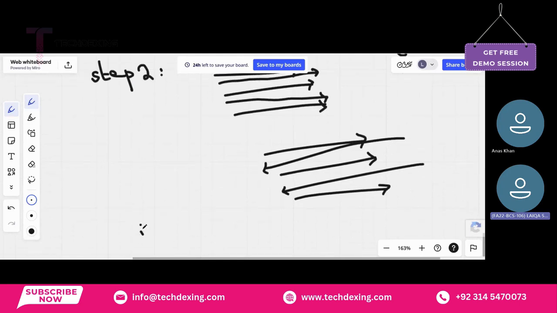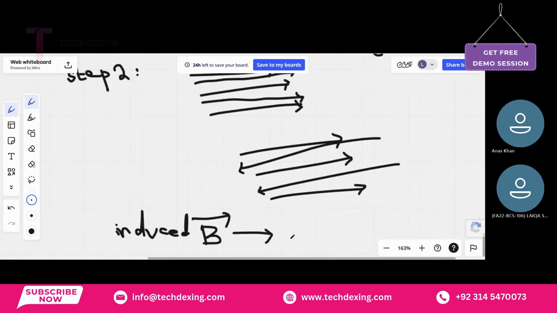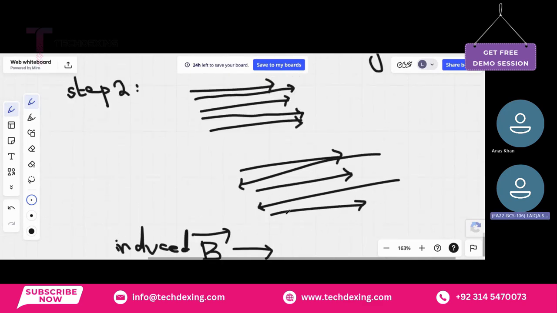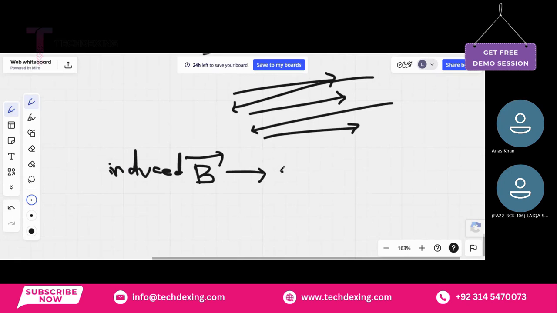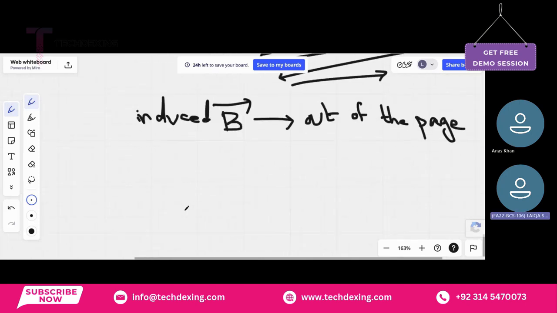So it will create an induced magnetic field which will be out of the page. Okay, now we have got the direction for the induced magnetic field.